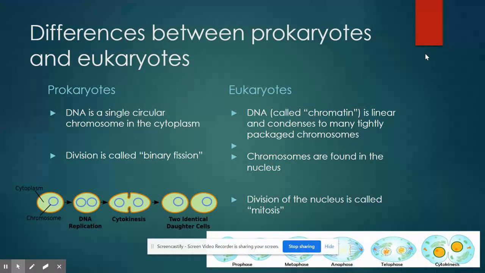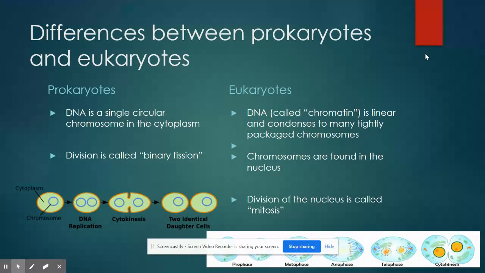Now, for the rest of this unit, we're really going to be talking about eukaryotes, and that's things like plants, animals, fungus, humans. So the DNA in eukaryotes is often called chromatin, but more often than that, we're talking about when chromatin is packaged tightly and it condenses into these thick structures called chromosomes. And so we mostly refer to DNA in eukaryotes, or often, as chromosomes.